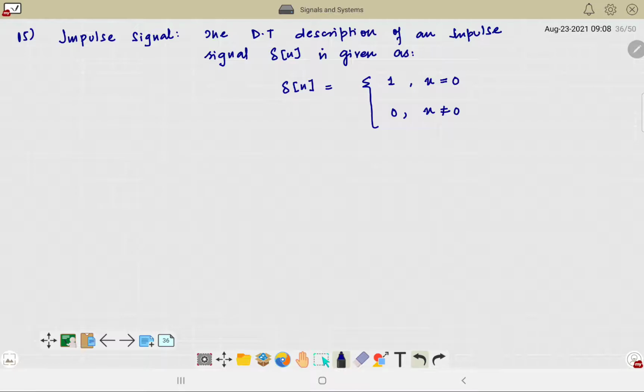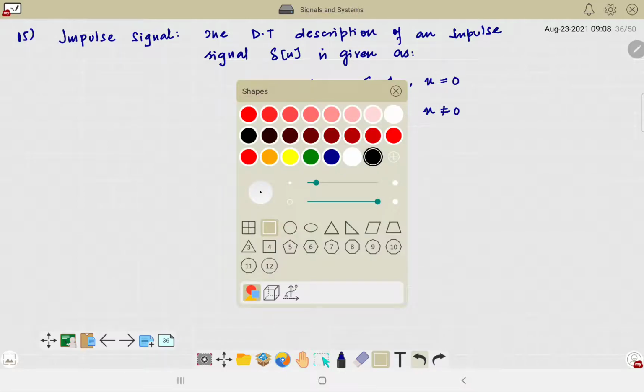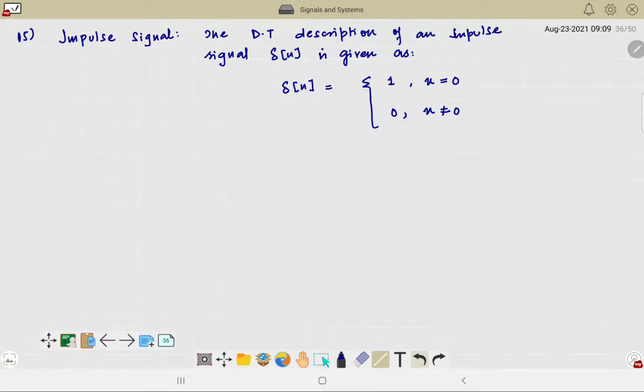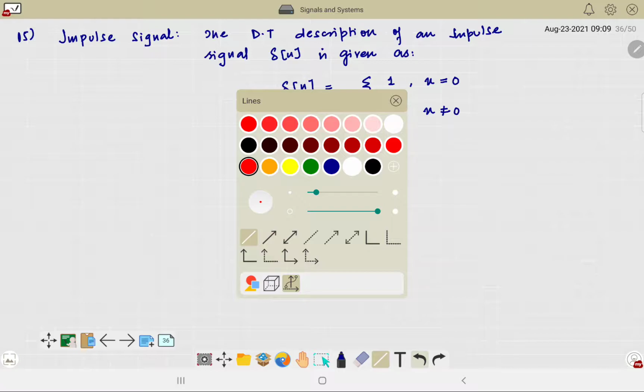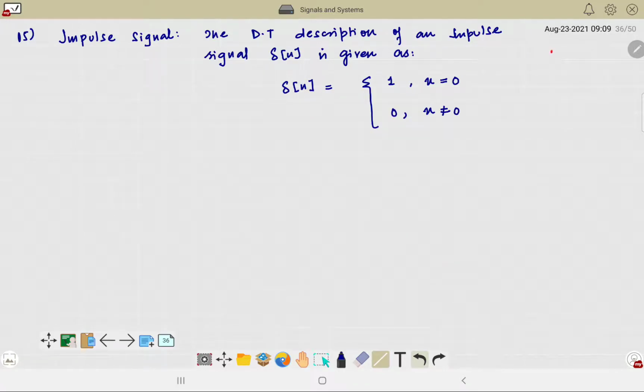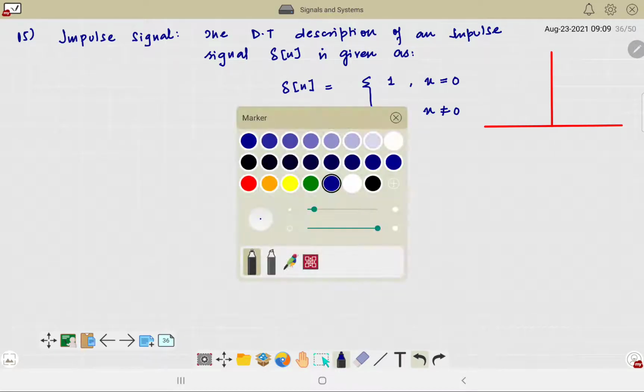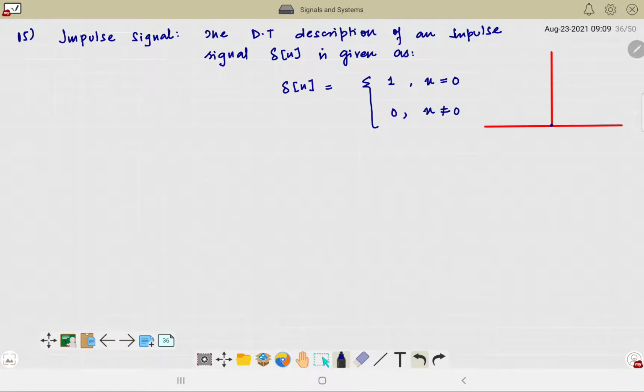So if you plot it, it will be pretty straightforward. Let me just try to plot it. This will be my amplitude axis, time axis. So there will be only one point of interest. That will be this, when n has a value of 0.